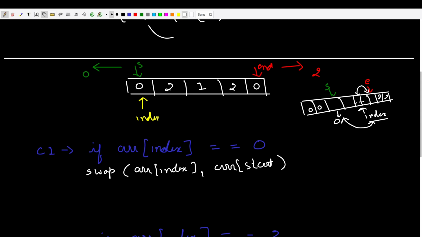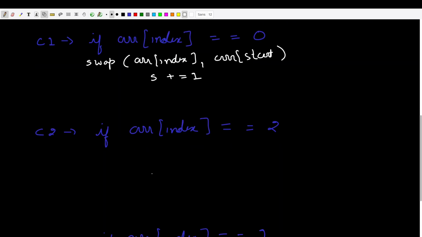Since this element contains 0, we are going to increase the start pointer by 1. So once we swap it, we increase our start counter by 1.